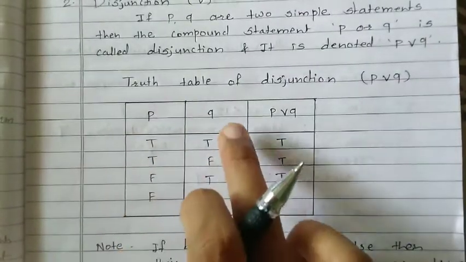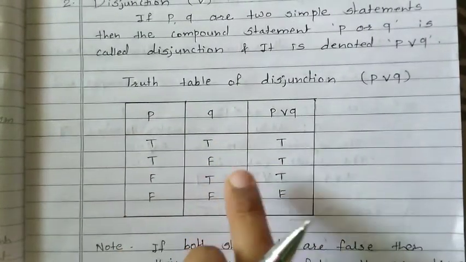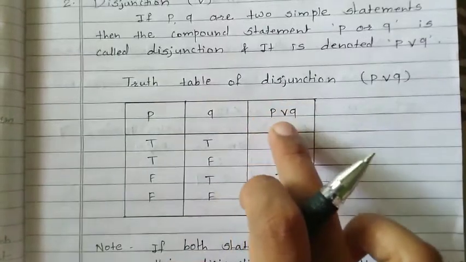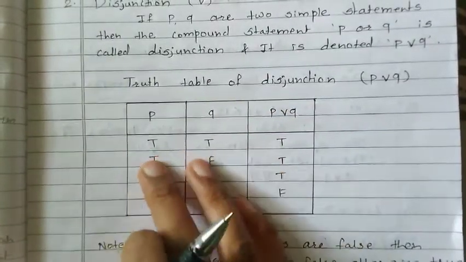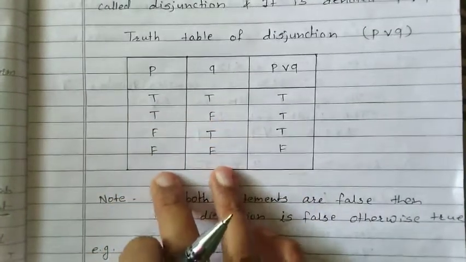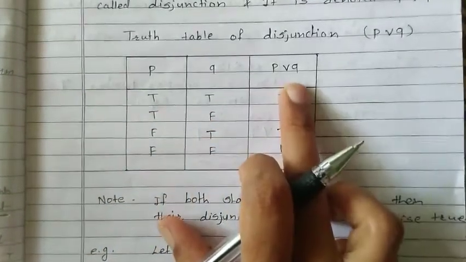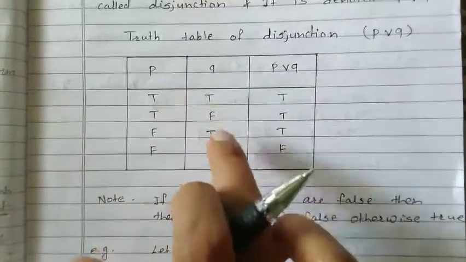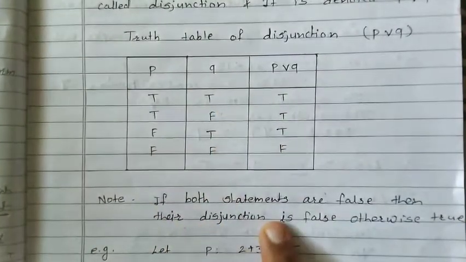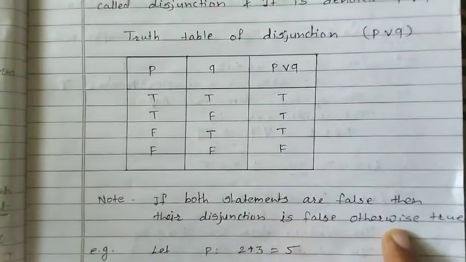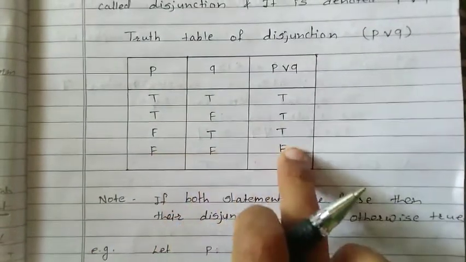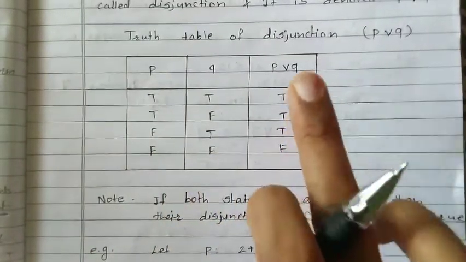The column of P and the column of Q are the same. Last column, P or Q. Here, if both are false, then it is false, otherwise true. You have to learn this table by heart using this sentence. If both statements are false, then their disjunction is false, otherwise true.